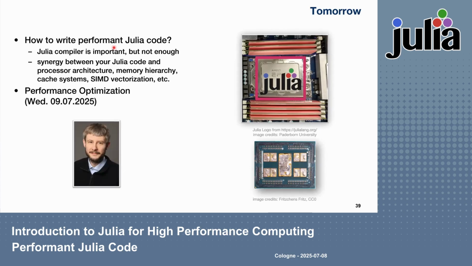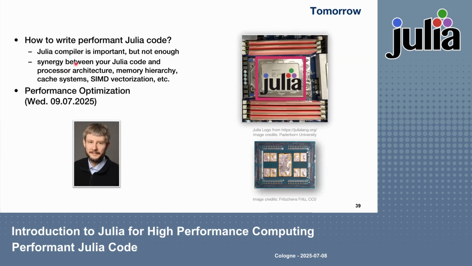Yes, after this talk, you can, yeah, unfortunately, you cannot really write performant Julia code because you really need to combine your Julia code, processor architecture, memory architecture, cache architecture together to have the real high performance code.